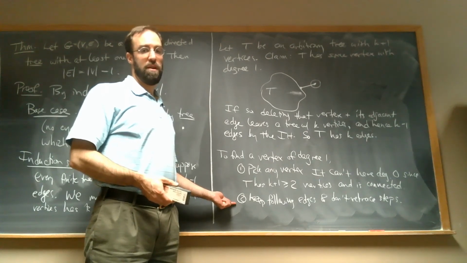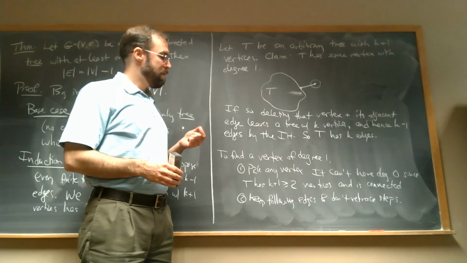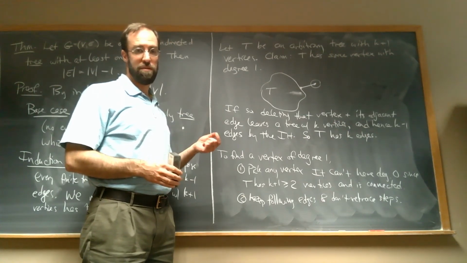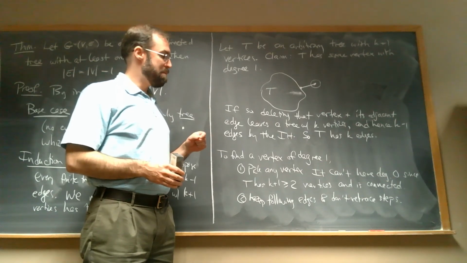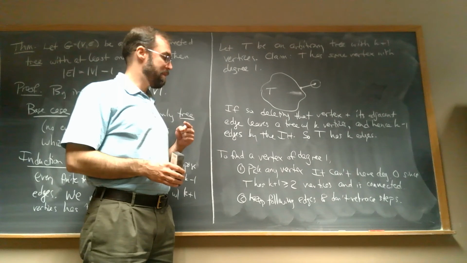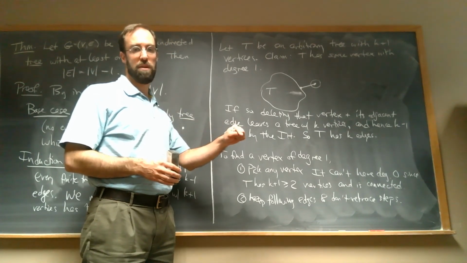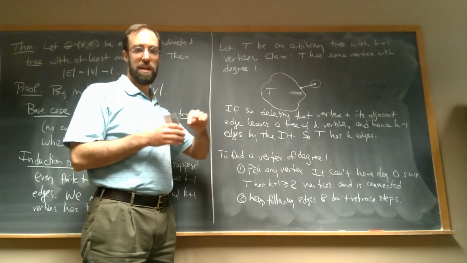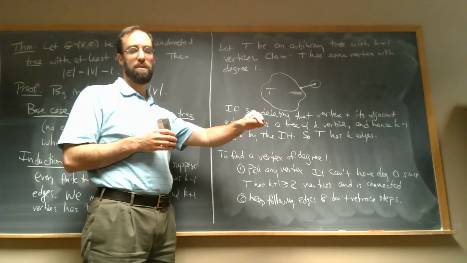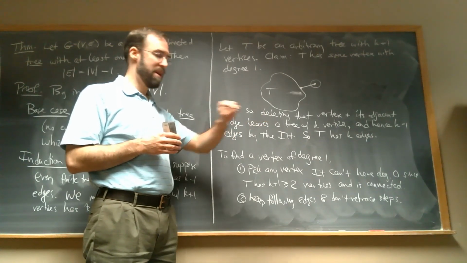Why is that? Well, first of all, since the graph is finite, I can't keep doing this forever. And I'm never going to come back to a vertex that I've been to before because there's no cycles. Okay, so every time I keep following an edge, I'm going to get to a new vertex, and I can't keep getting to new vertices forever because they're finite. So eventually, I'm going to have to get to a vertex where I stop. And the only reason that I could stop is that I get stuck, right?